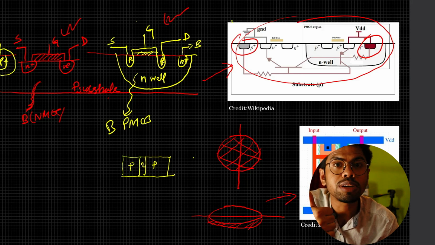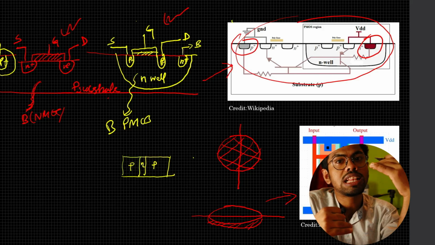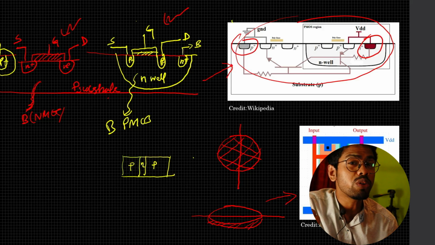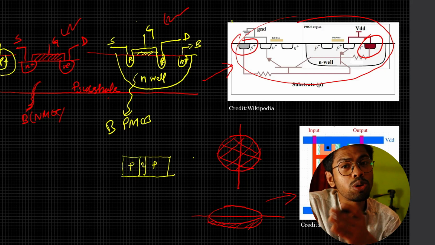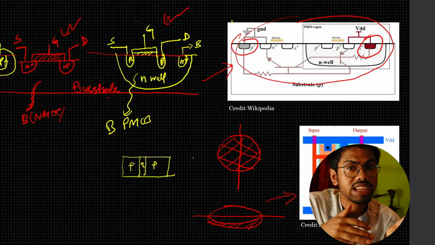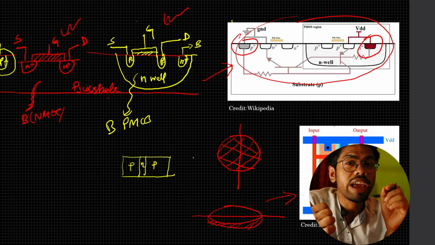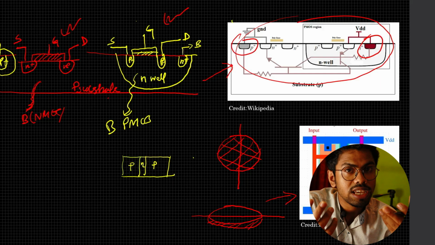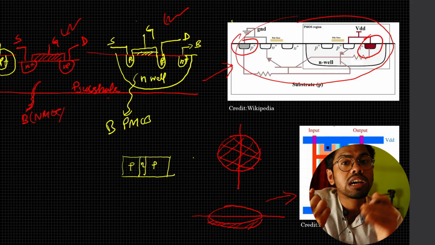If you don't tap this to ground, see, it is a P type substrate, right? So if your P type gets more potential than your N type, then what will happen? Just recall, that is called forward bias. If your P side has more potential than the N side, it might get forward biased, and if anything gets forward biased, then that gives a path for current.